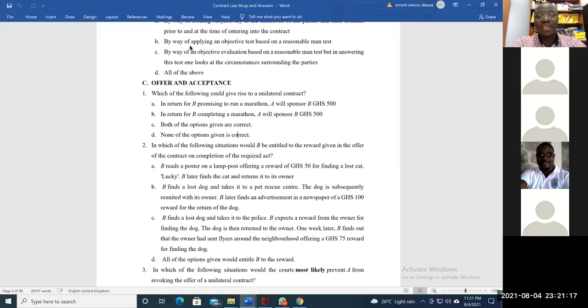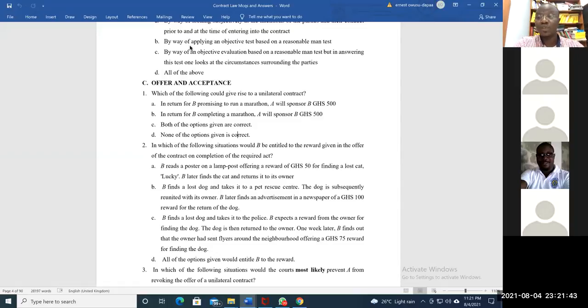So going by this understanding, let's look at the answer. In return for B promising to run a marathon, A will sponsor B 500 Ghana cedis. So based upon the understanding we have, A is obviously out. It's not the correct answer. Or who will dispute that? So we have ruled out A. Now B: in return for B completing a marathon, A will sponsor B 500 Ghana cedis.